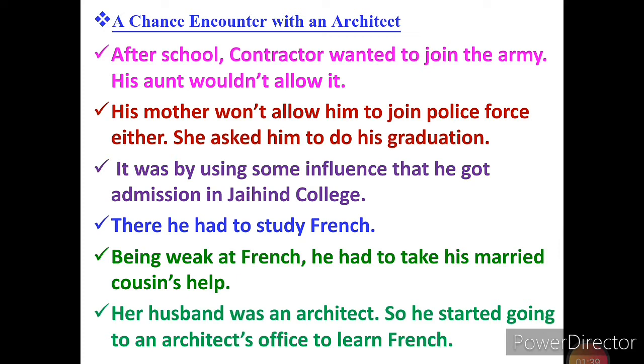There, he had to study French. Being weak at French, he had to take his married cousin's help. Her husband was an architect, so he started going to an architect's office to learn French.